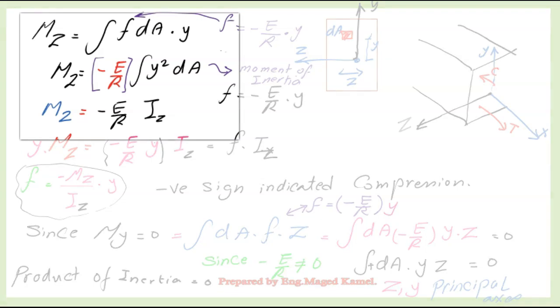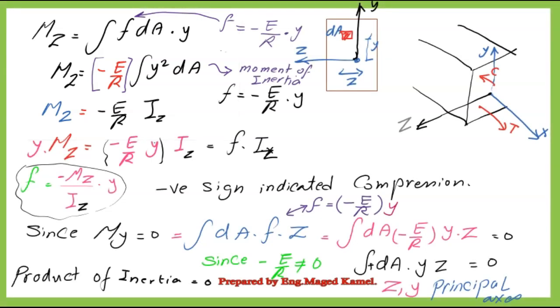Since the stress equals minus E over R by y and the area equals dA, we can express m sub z as the integration of f by dA by y, or the integration of minus E multiplied by y divided by R, all multiplied by dA by y, which simplifies to the integration of minus E over R by dA by y squared.